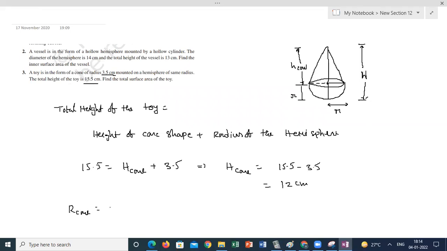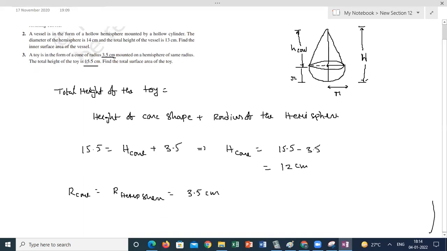The radius of the cone will be equal to the radius of the hemisphere, which is 3.5 centimeter. Now he is asking what is the total surface area of the toy.